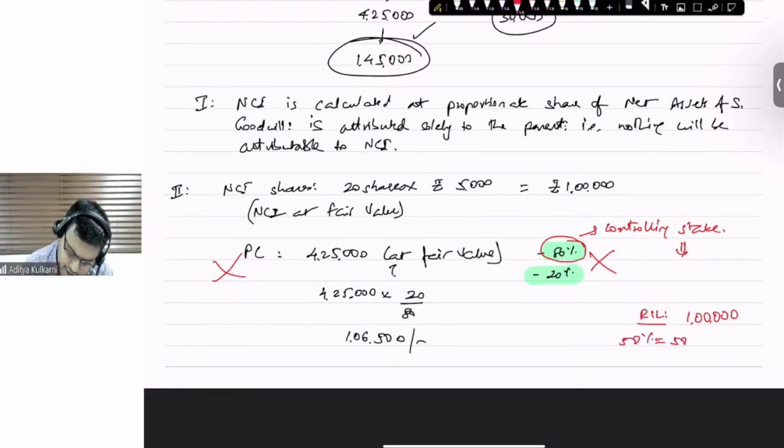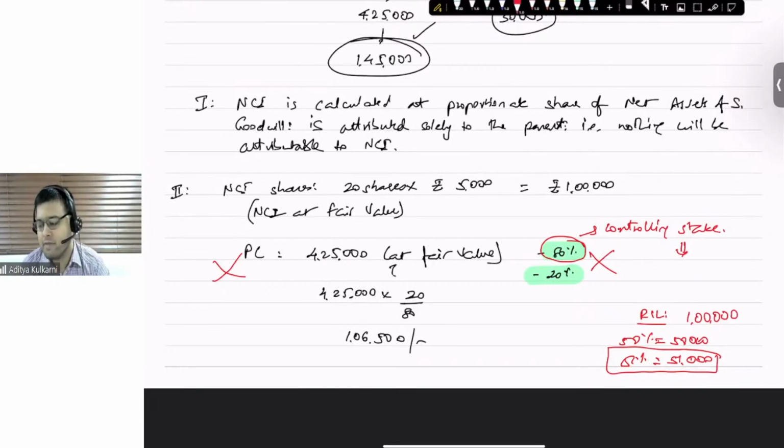50% means 50,000. So more than 50%, suppose you want to acquire 51%. You will go to Mukesh Ambani's house and tell Mukesh bhai, I'll pay you 51,000, give me 51% of the shares.